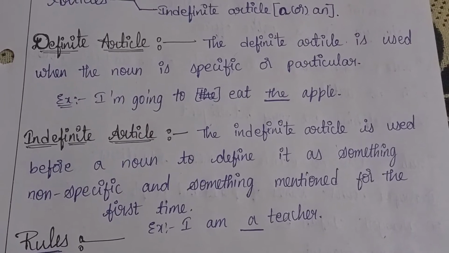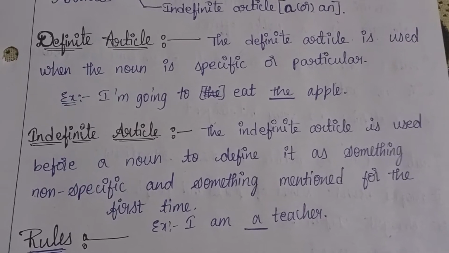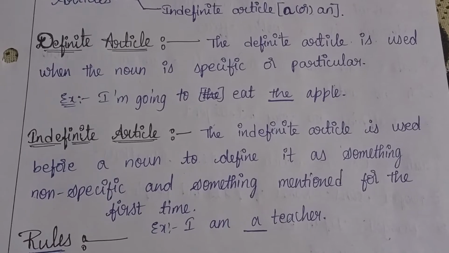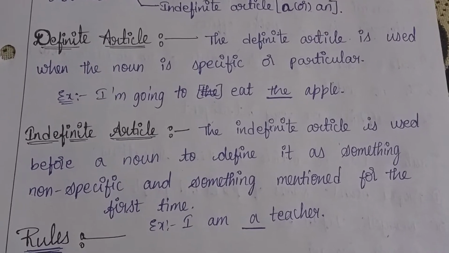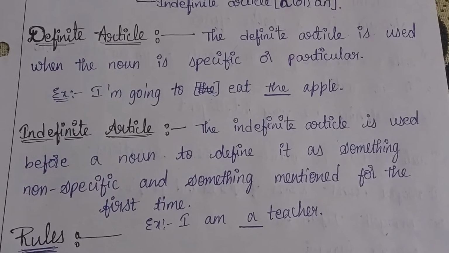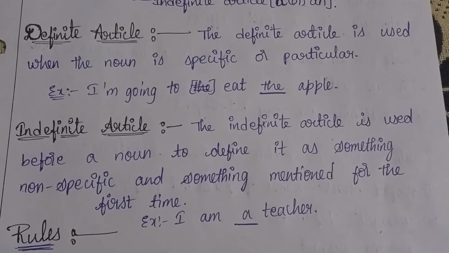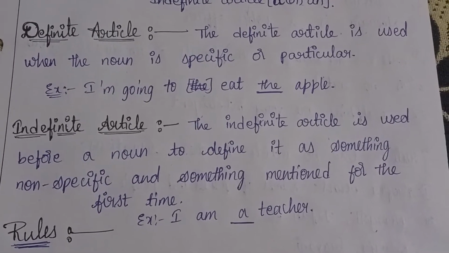Here we are not mentioning any specific subject, and we are talking about it for the first time. So here we have to use the indefinite article, and the indefinite article is a or an. In this example we should use a because it is based on the sound produced by the word teacher.